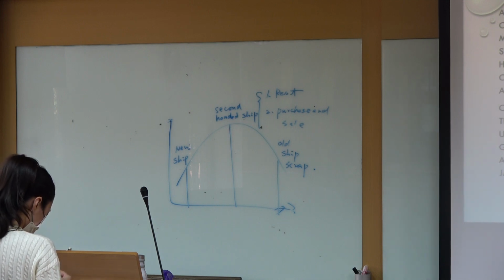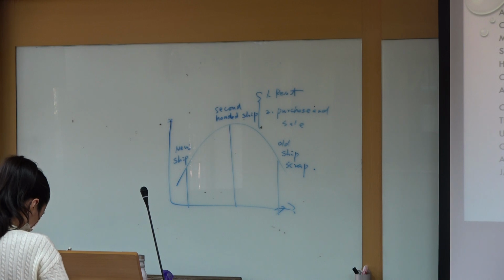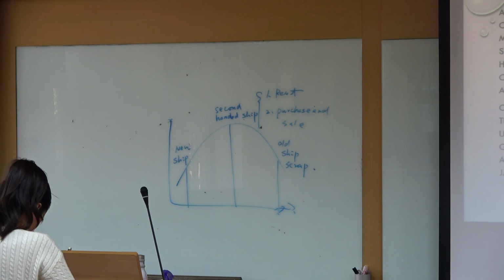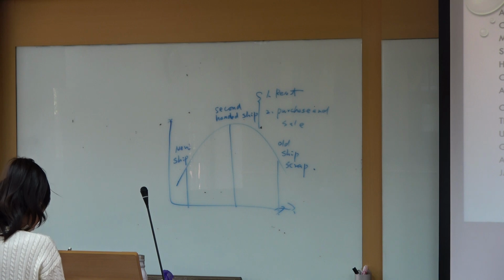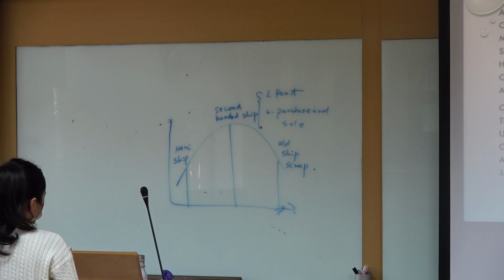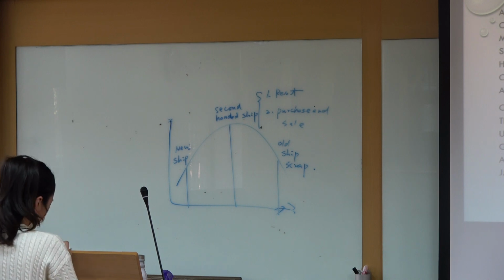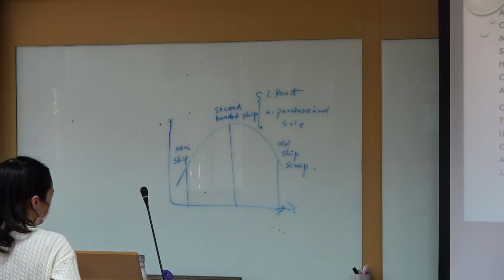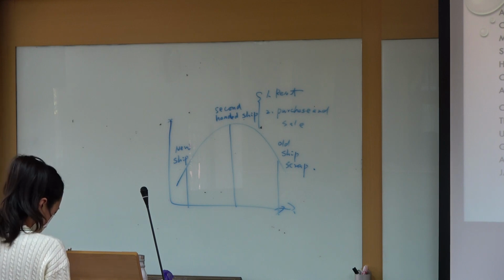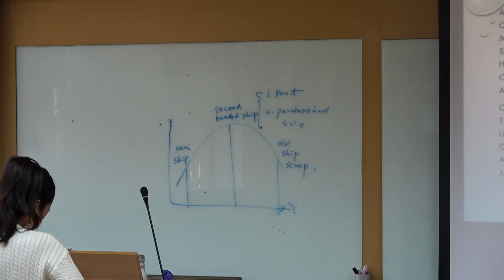If a ship is from 25 to 30 years old, normally it will be scrapped. You calculate by the so-called light term. Light term means that because the ship has a lot of decoration inside, the user calculates by the light term.